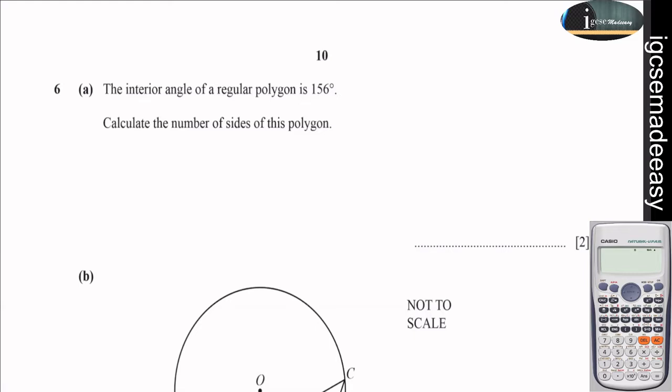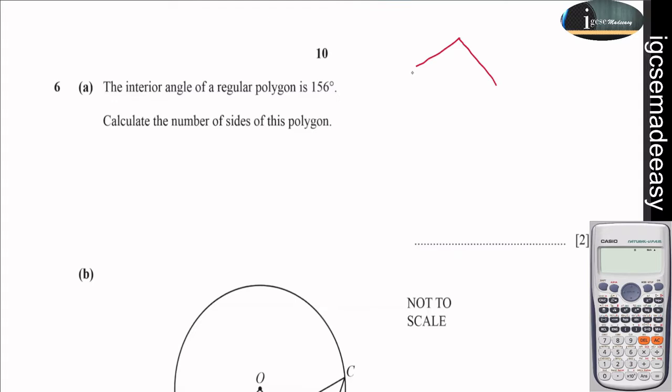Question number 6. The interior angle of a regular polygon is 156. Calculate the number of sides of this polygon. So polygons are figures which are made of straight lines joined together. So it can be of any side, right? But it should look like that only.